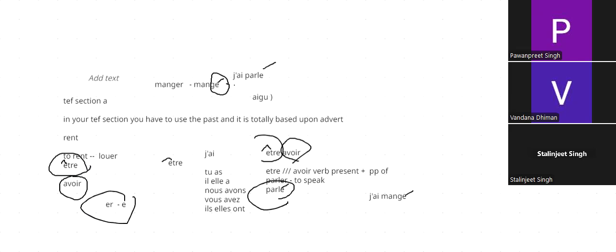Now, for example, I'm giving you some verbs which you use in your TEF section A. Always you will use the templates. For example, lire is to read, voir is to see.